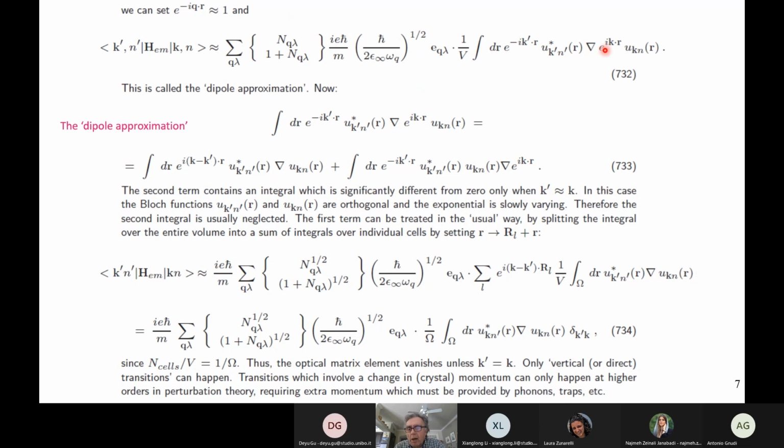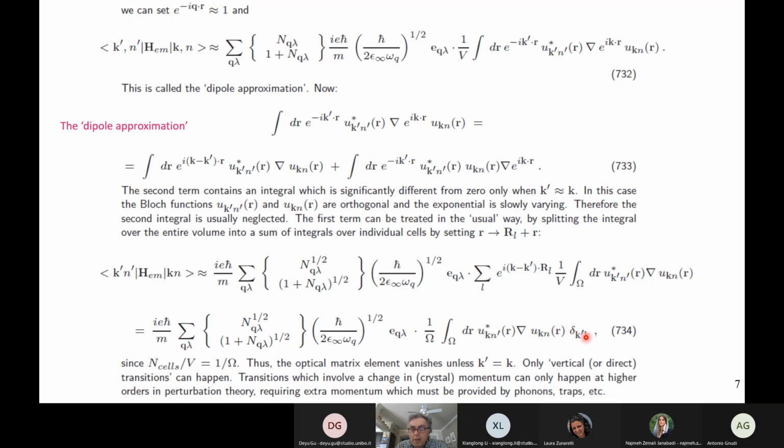We replace the variable r that we're left with here with the translation vectors of the lattice, L, which denotes cells, plus whatever remains, which spans only a unit cell. So we do the integration only over the unit cell. This term, as usual, gives us the number of cells. So here we have the number of cells divided by the volume of the crystal, which becomes 1 over the volume of a single cell. And this is the momentum matrix element in a single cell.